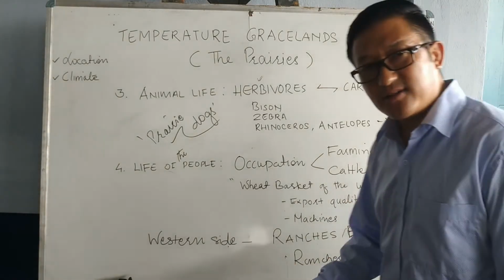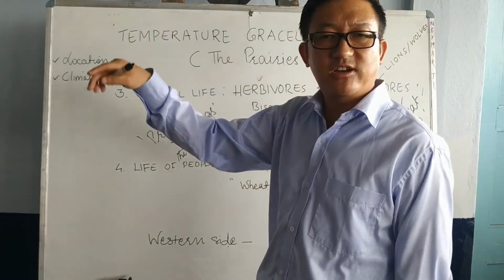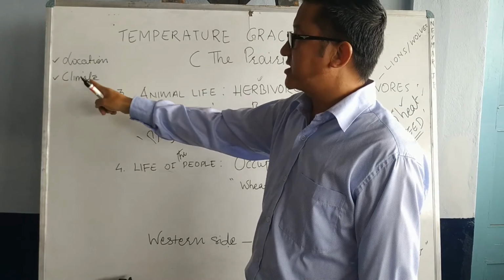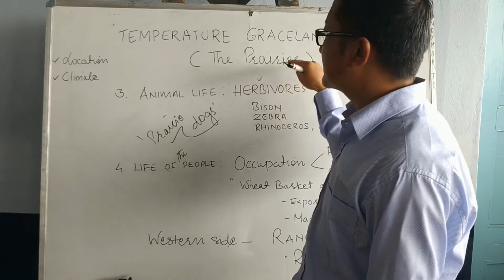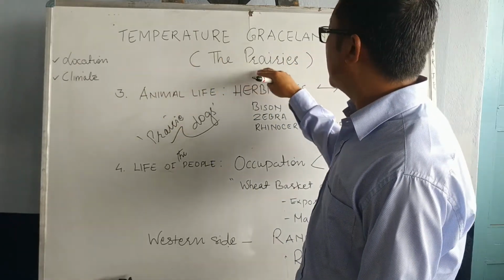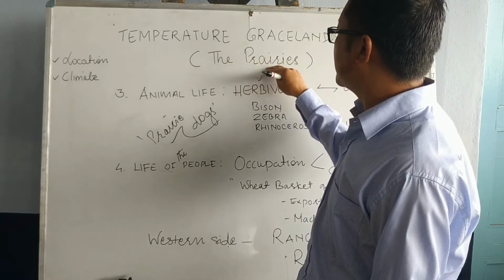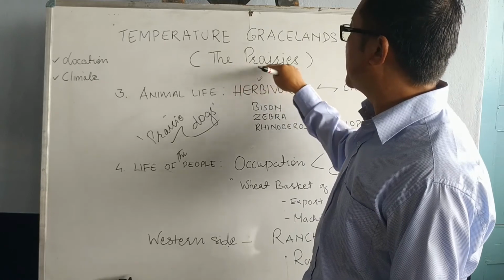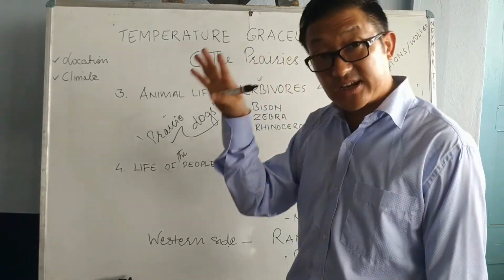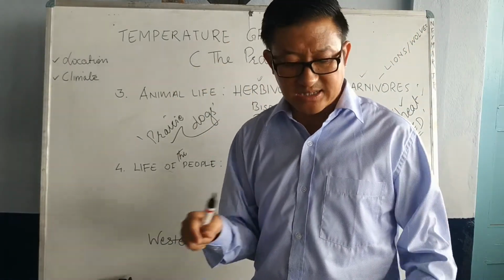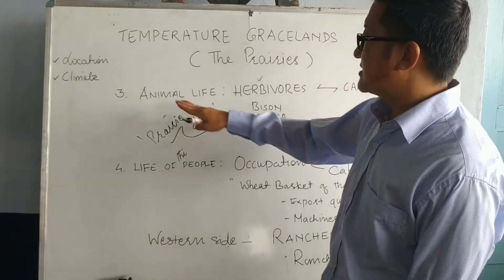All right. Now let us revise, because this chapter is very short. Two topics we have already finished in the previous class, that is location and climate. Location, we call it, is in between Mexico and Canada, these prairies. This grassland in North American countries is called prairies, but in other countries the same grassland is called by different names, and I showed you the list on the first page of this chapter.